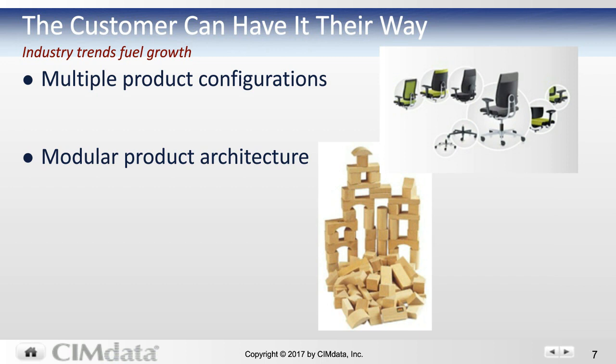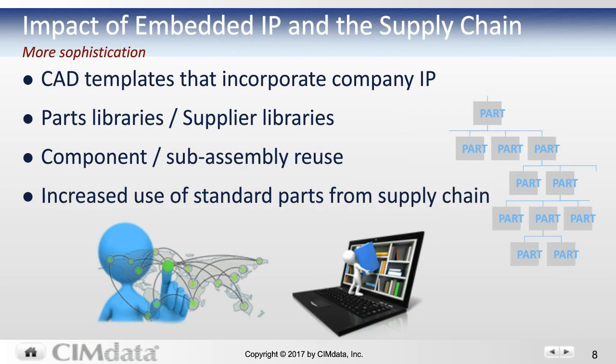Other aspects come into play as design methods grow in sophistication. One aspect we often see at SimData that actually provides us a sense of the maturity level of our industrial clients is the amount of use they get from CAD model templates that capture their company's intellectual property.